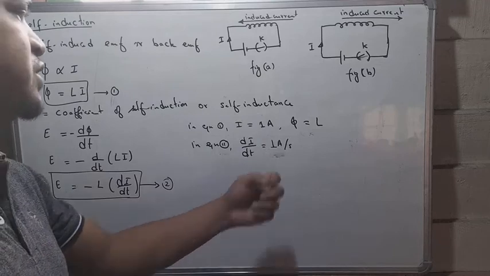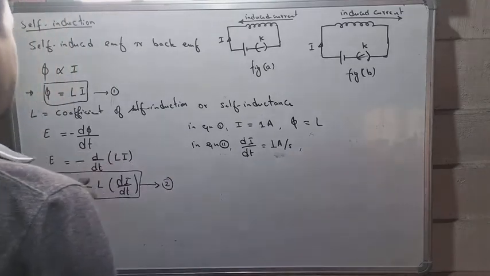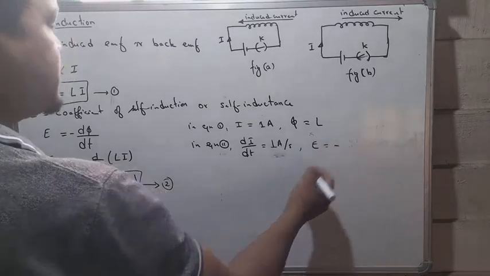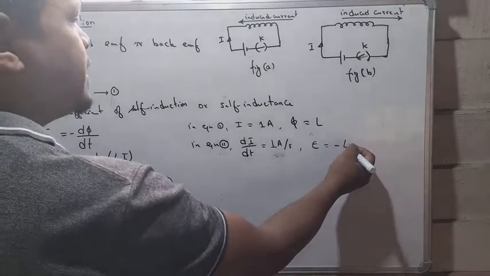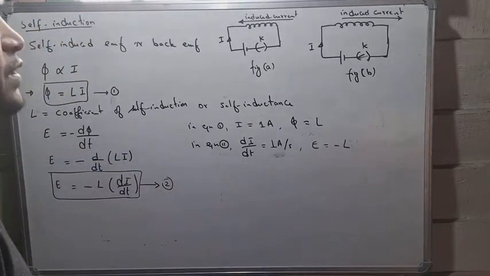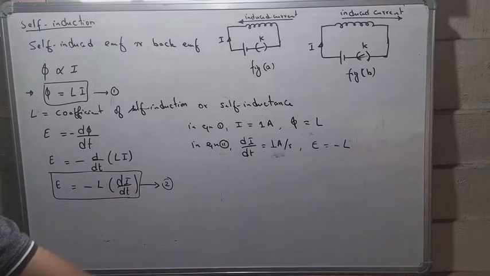So if the rate of change of current is 1 ampere per second, then from equation 2, E is equal to minus L times 1, which is minus L. Please remember that this negative sign is in accordance with Lenz's law.